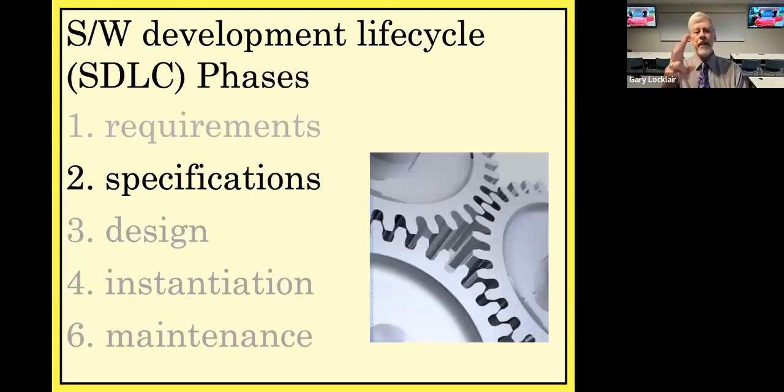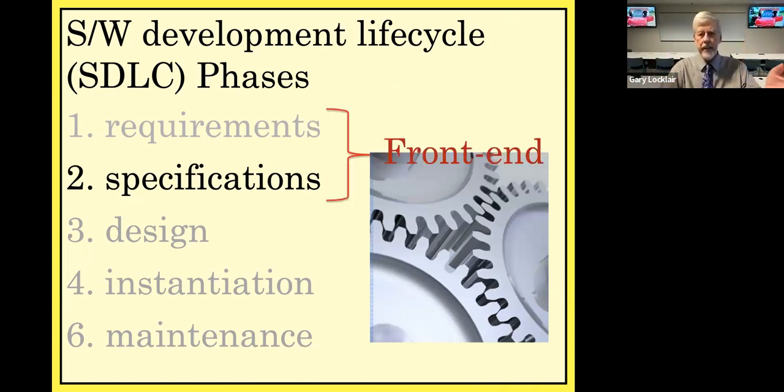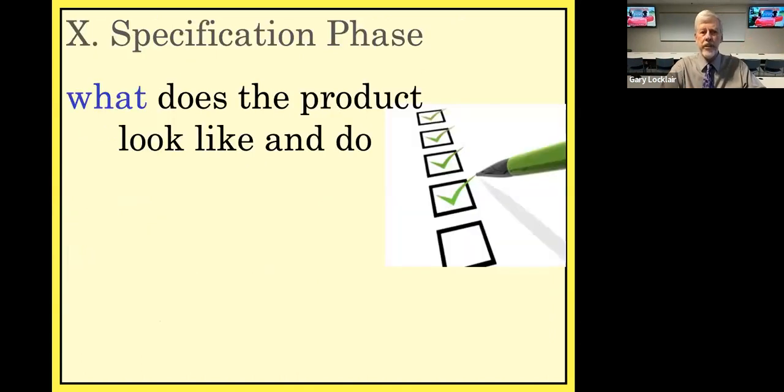The first 2 phases of the software development lifecycle are referred to as the front end of software engineering. Front end has a specific meaning for us: the combination of requirements and specifications. What do we do during the specification phase?